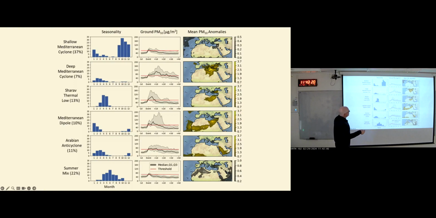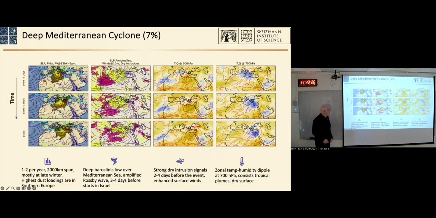And then we can start to see where the dust is coming from and how it is related to different meteorological conditions. And this is an example for the deep Mediterranean cyclone that we see. We can identify the cyclone moving from North Africa eastwards towards Israel. We can look at various parameters.